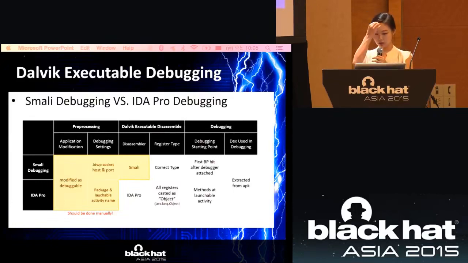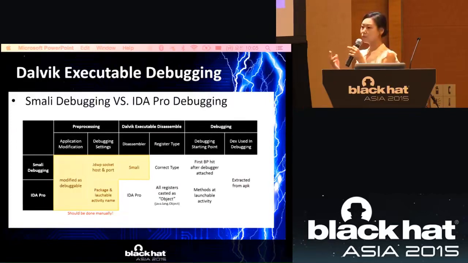I will explain more later about register types, but Smali debugging gives the correct type of registers. But IDA Pro casts every register as an object. So in the case of some registers which cannot be cast as objects, such as primitive types, they give a bad fault error.